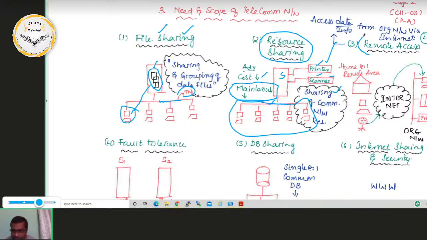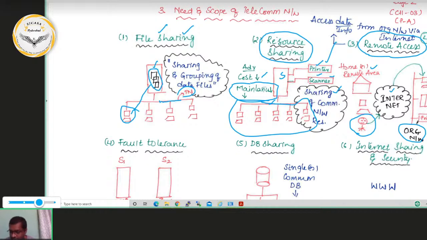The third advantage is remote access. What do you mean by remote access? If a person from a remote area, like home or any other place other than the organization network, uses the internet or a public network to enter the organization network and use its resources, then it is called remote access.